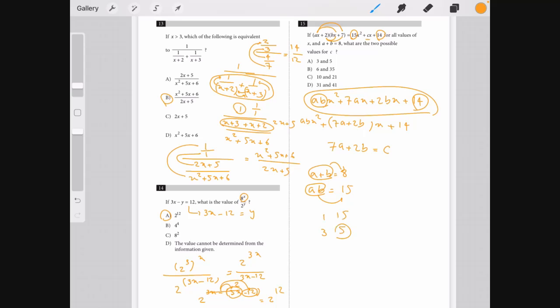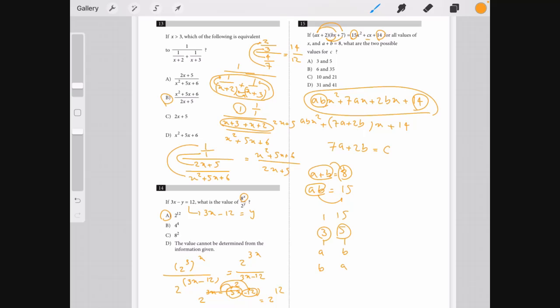If you add 3 and 5, you get 8. So these are your numbers. This is a, this is b, or this is b and this is a. It doesn't matter, so both are possible.